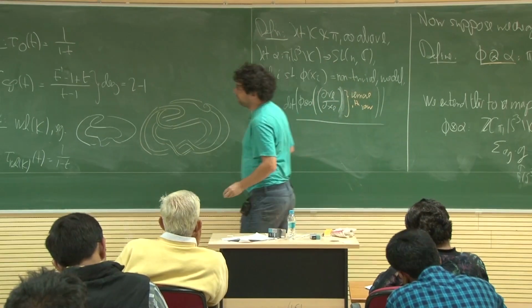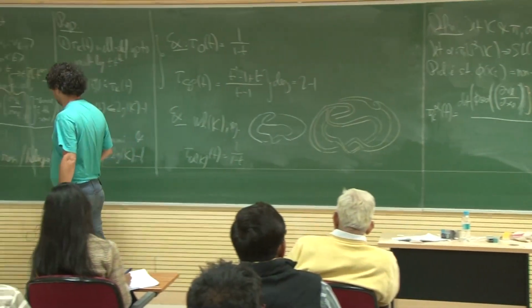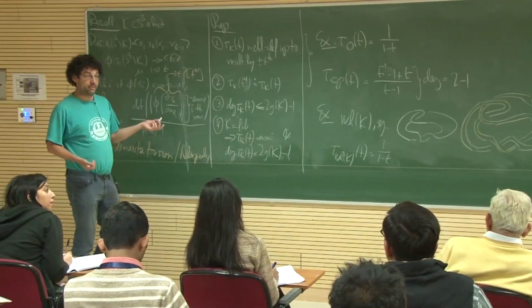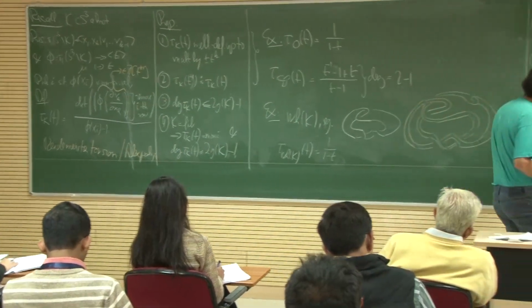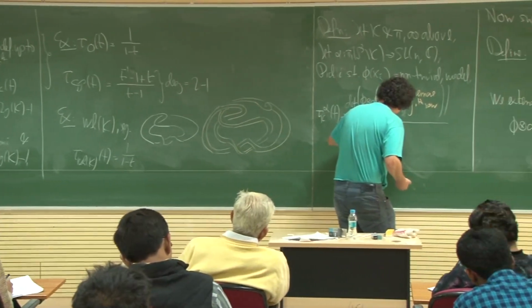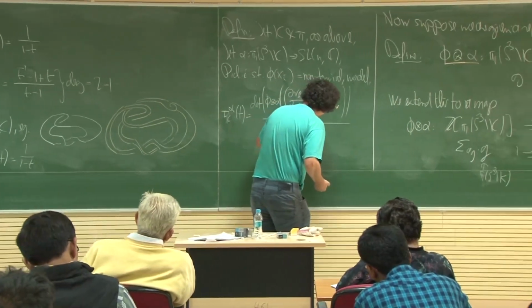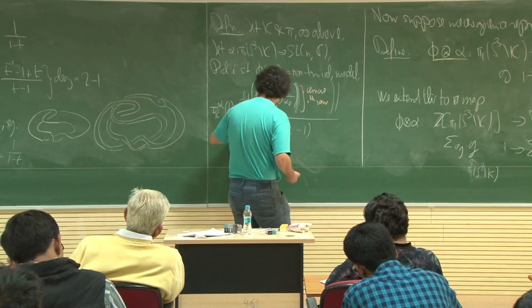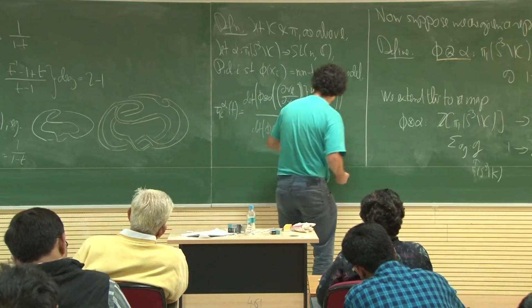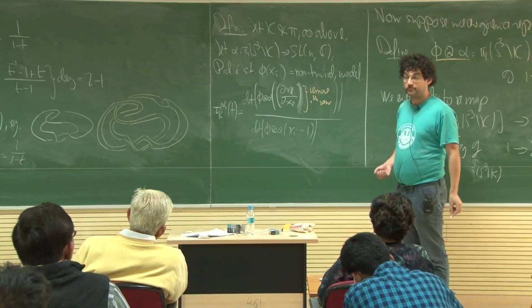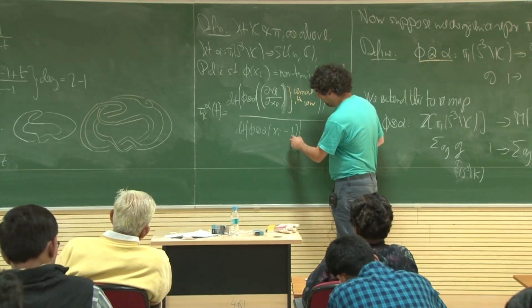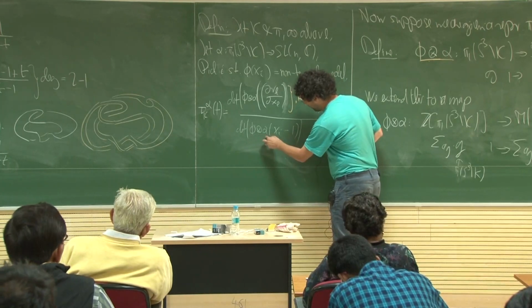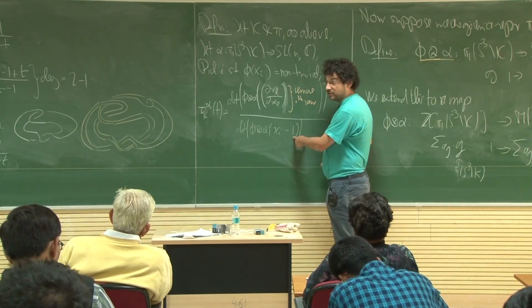Again, we have to compensate, because we picked some random xi. Now what we do is take phi tensor alpha of xi minus 1, and the determinant. Another way of saying it is, if you apply phi tensor alpha to 1, that's just the identity.